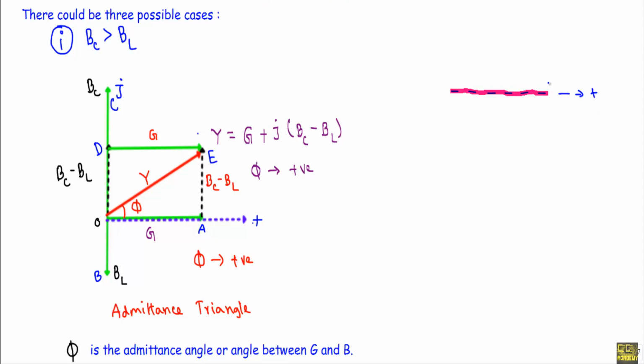This is our conductance G, and from the neat sketch you will see I have indicated G with vector OA. After that we will draw BL, as this is minus JBL, so I will take minus JBL in this direction.